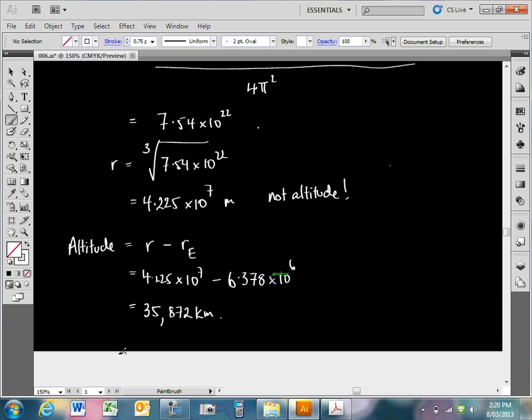Quite high. Very high, in fact, considering aeroplanes fly at about 10 kilometres high. So that's the geostationary altitude.